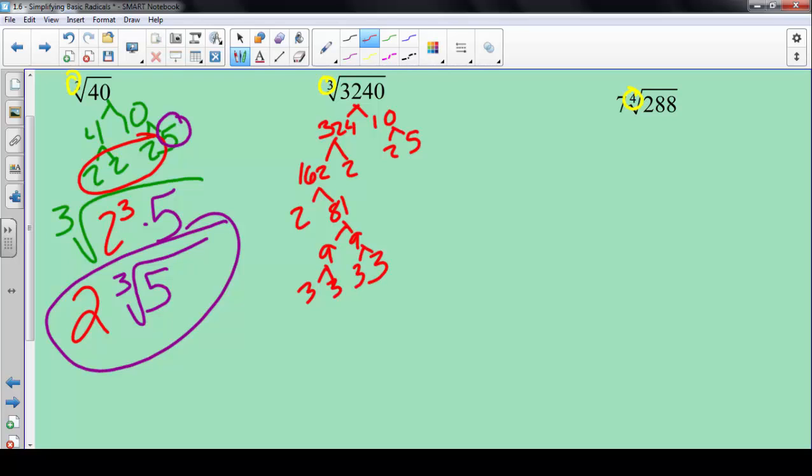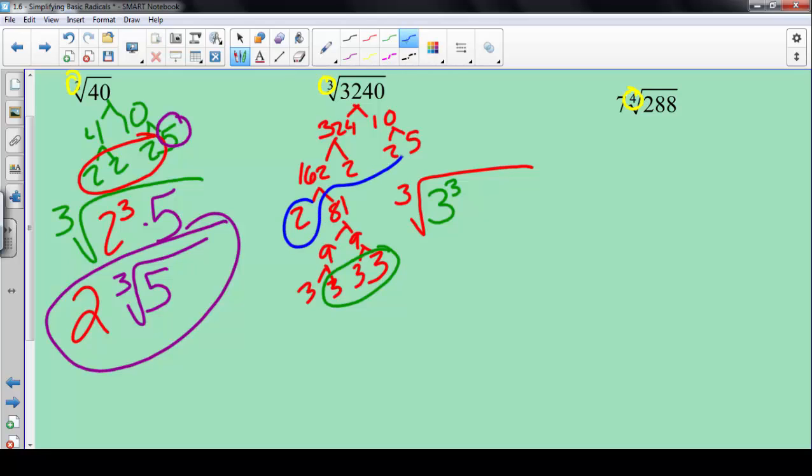And now we need the cubed roots, so we need groups of 3. So here's a group of cubes, 3 cubed. Here's some 2's. Then we have a 5 and a 3.